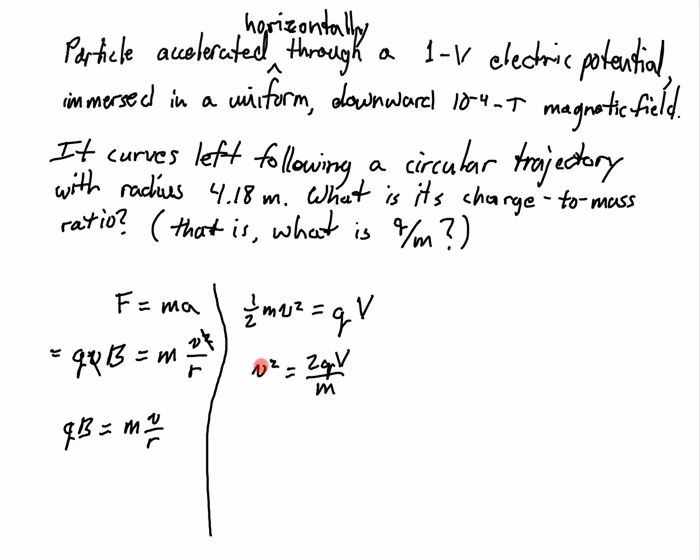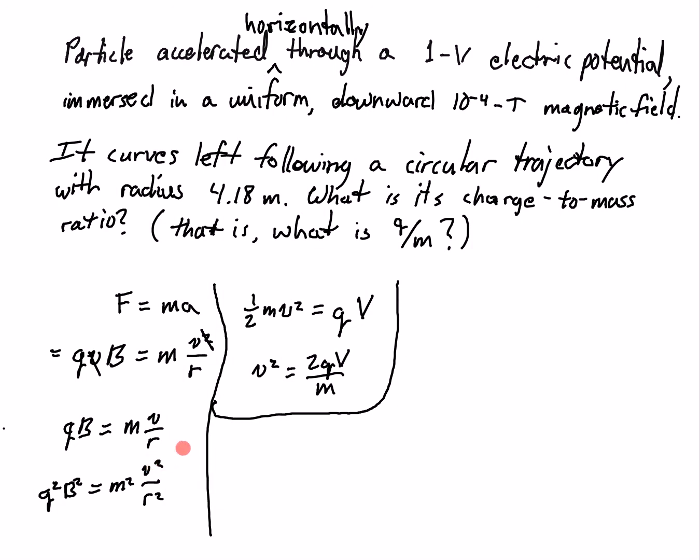Now I'm solving for v squared, and the reason that we do that is because v is a nuisance variable. We neither know it, nor is it something that we're trying to solve for, so we should just eliminate it by using this equation. Because this is an expression for v squared, rather than dealing with a square root, I'm just going to square both sides of this equation.